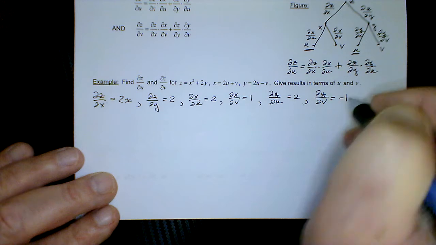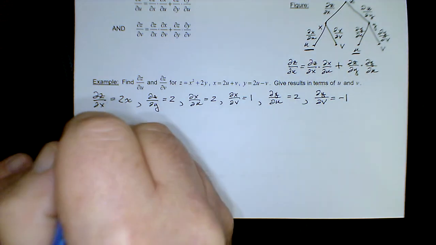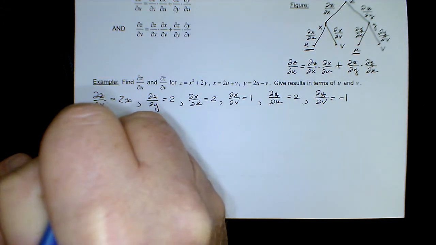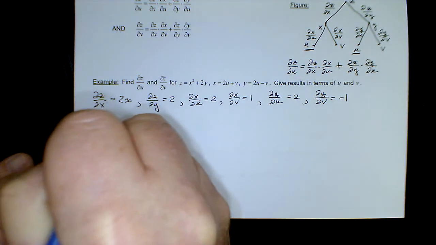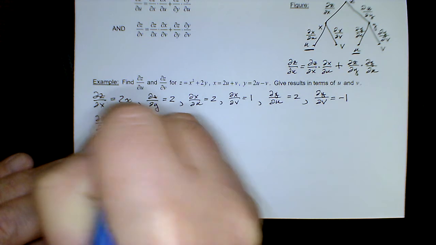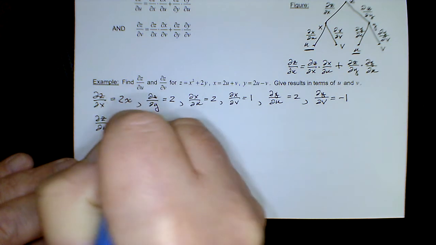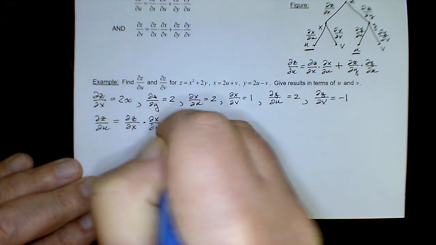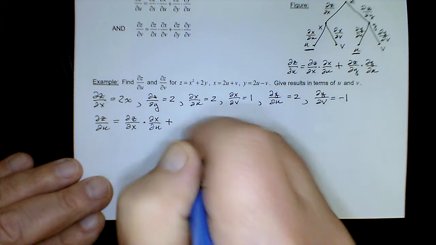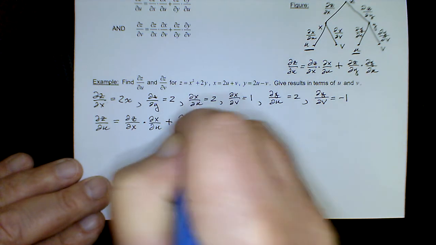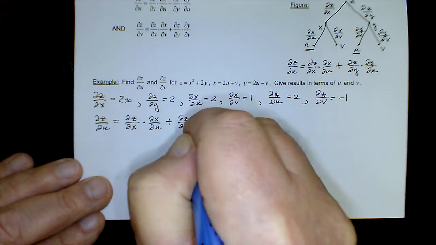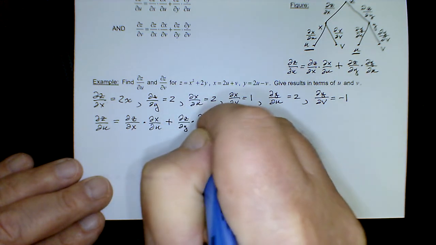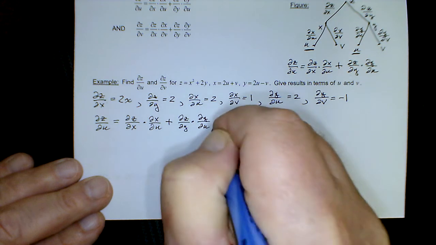Okay, so now for the actual partial of z with respect to u, I'll write out the formula: the partial of z with respect to x times the partial of x with respect to u, plus the partial of z with respect to y times the partial of y with respect to u.